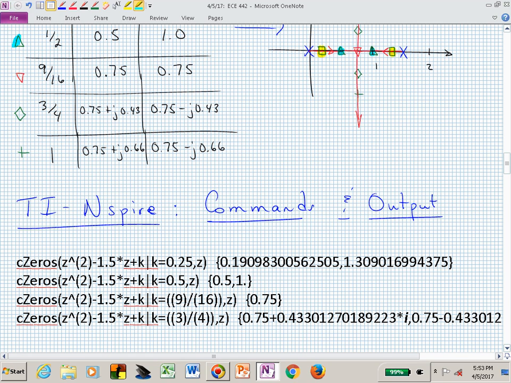The vertical line says, now plug in k equal to 0.25, and I want to find the values of z that cause that equation to equal 0. And the answer ends up being 0.19 and 1.31, which is what I had in the table before, for a gain K of 0.25. This is just one other way of illustrating how you can check your work or determine the answer in the back of the book.